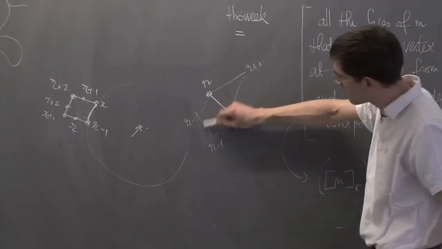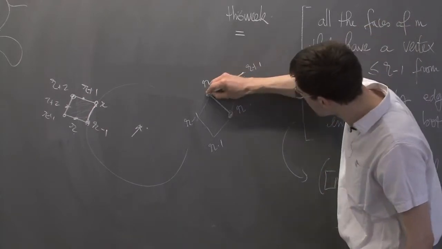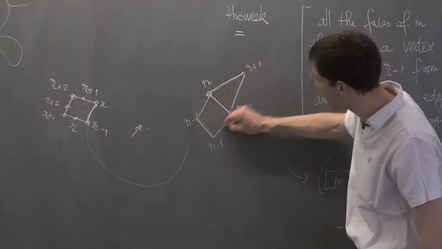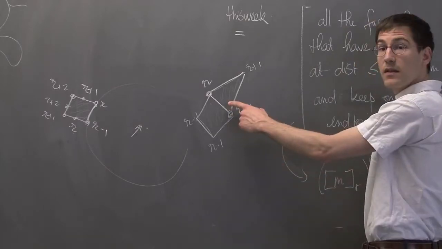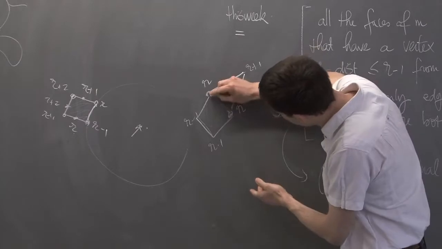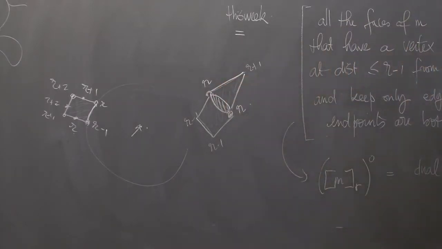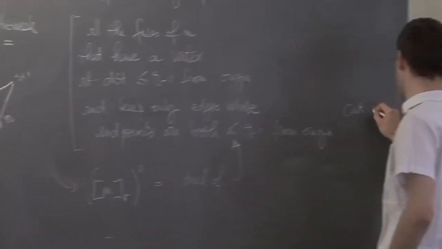You keep this face as well. You will keep this edge, this one, this one, this one, and this one, but you don't keep this one. So you cut along. So you create a hole in this map. Okay, so keep edges on here and cut along the other.